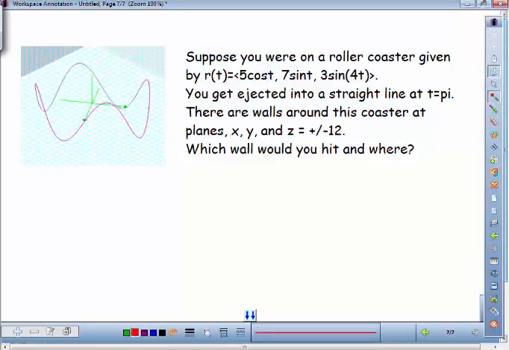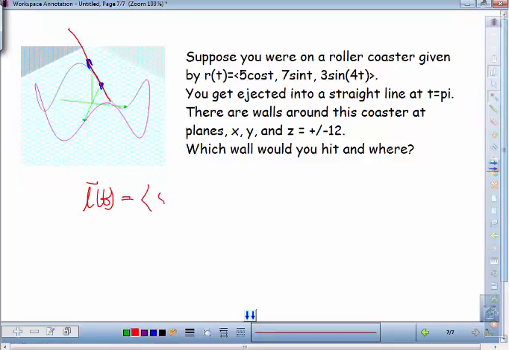So we've established that you go off with a tangent line given by L of t is equal to, what was it? Minus 5? Zero, -7, and 12.